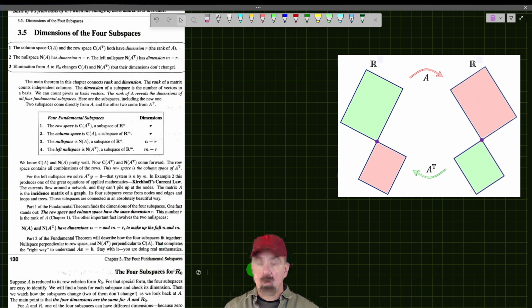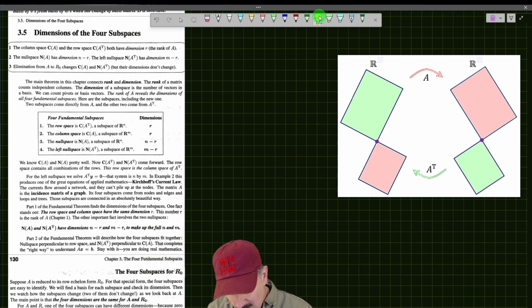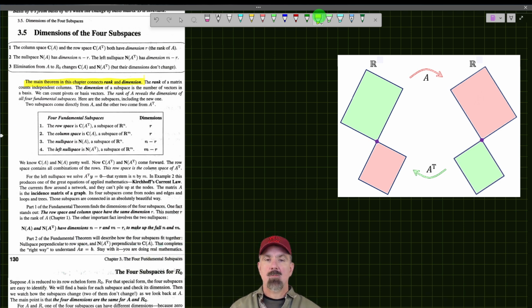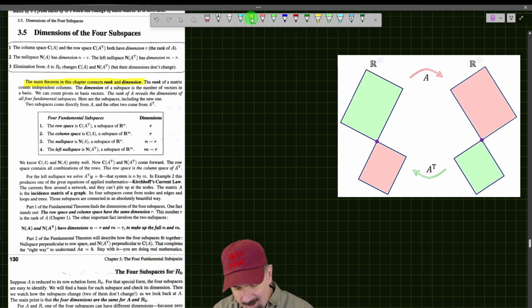So first things first, we're going to integrate with this conversation about rank and dimension. We'll also have the basis conversation a little bit, but that's really, like I said, for next time.